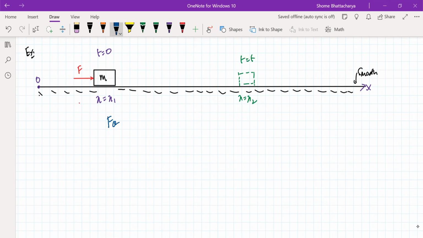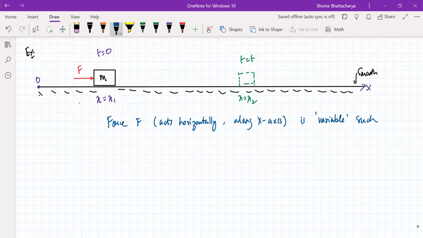Now the force F acts horizontally, along the x-axis, and is variable such that the magnitude of this force is alpha upon x square, where alpha is a constant.